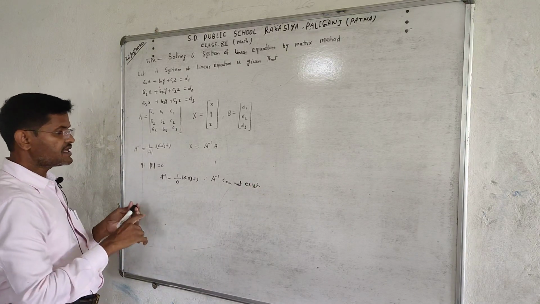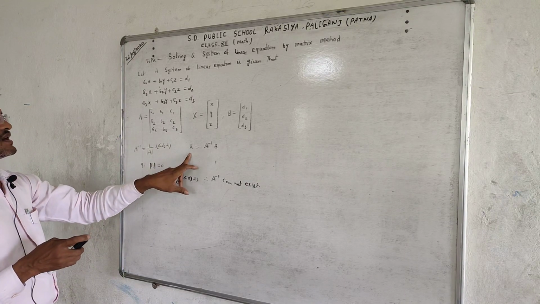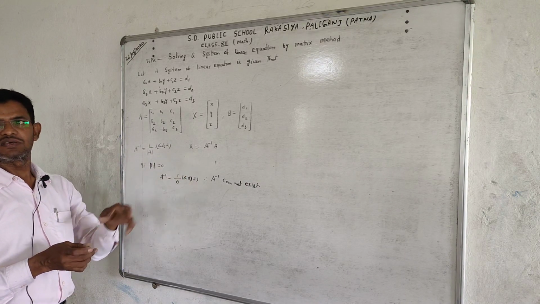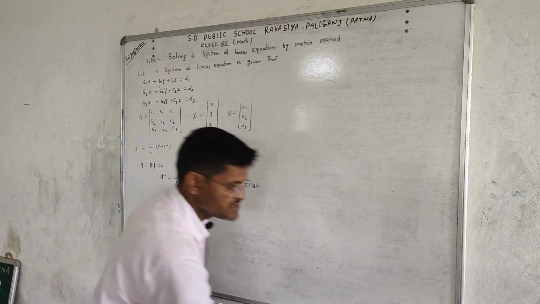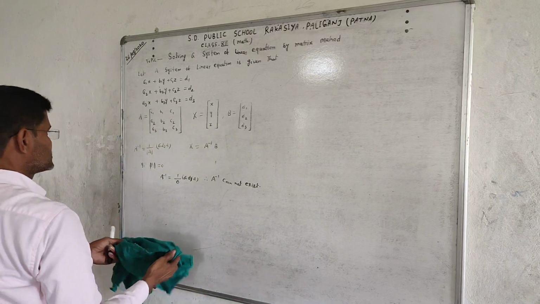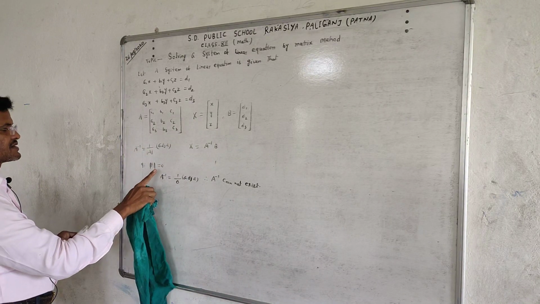If A inverse does not exist, then we cannot find the value of X. Means we cannot solve this equation. And hence it is necessary that determinant A is not equal to 0.